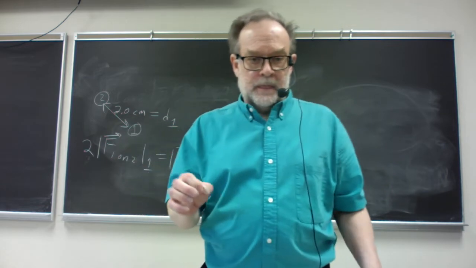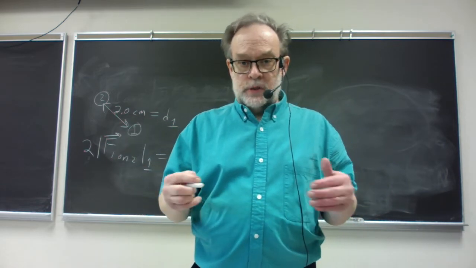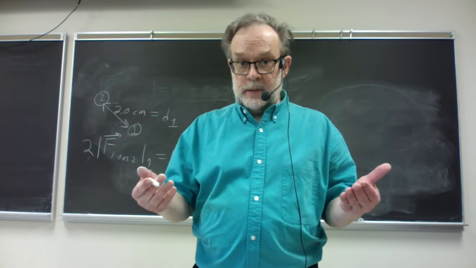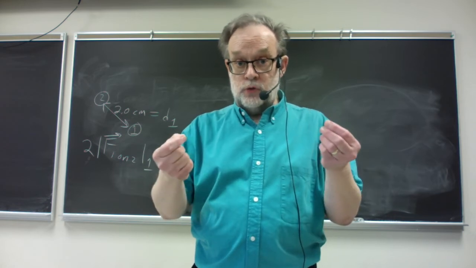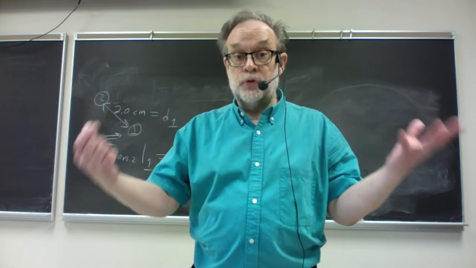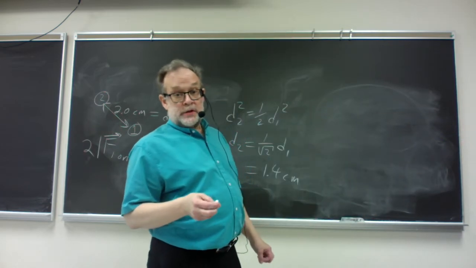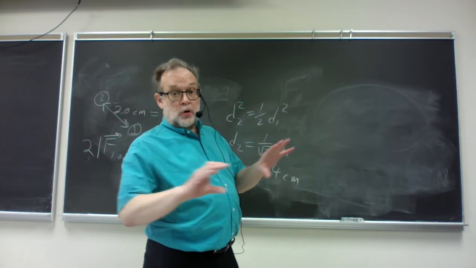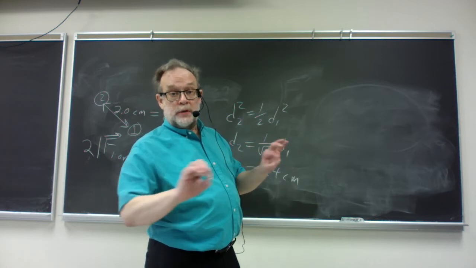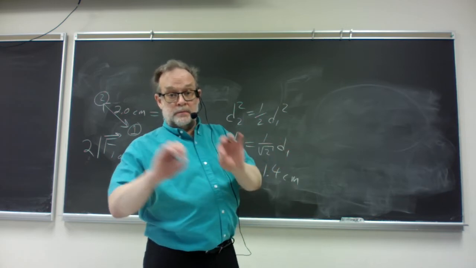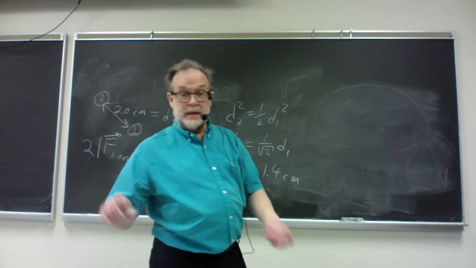Okay, the other thing I wanted to show you was a more complicated situation where you don't just have 2 charges interacting with each other, but 3 charges. Now, to keep it relatively simple, we'll say they're all in a row, just along one dimension, and they're all separated by equal spacings.